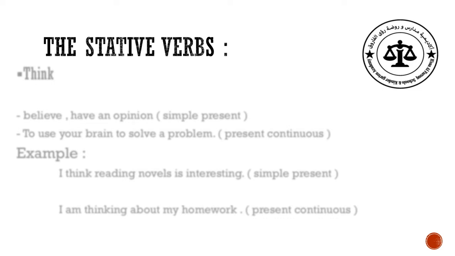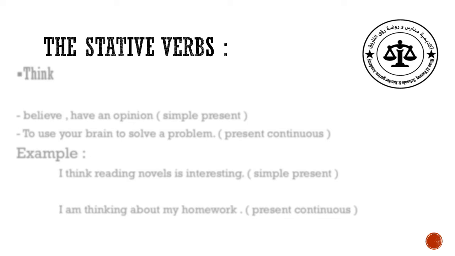Stative verbs. Did you remember what we mean by stative verbs? Yes, they are verbs that can't be used in continuous tenses. Today we are going to talk about the verb think and the verb have as stative verbs and dynamic verbs. What do we mean by dynamic?